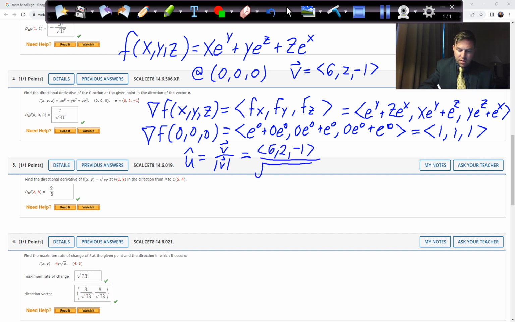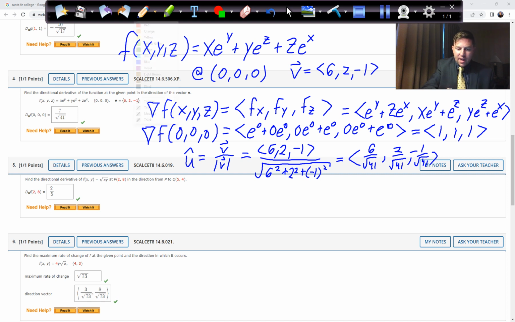And the magnitude of this would be 6 squared plus 2 squared plus minus 1 squared, square rooted, and that's the square root of 41. So we're going to have 6 over root 41, 2 over root 41, and minus 1 over root 41.